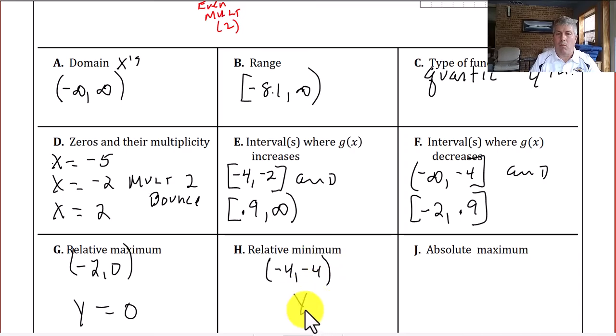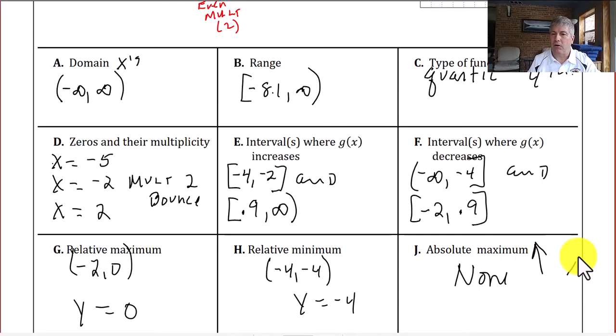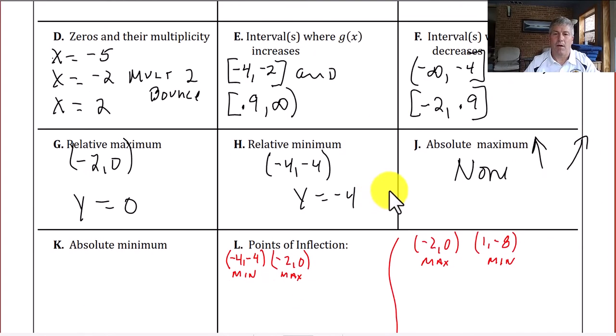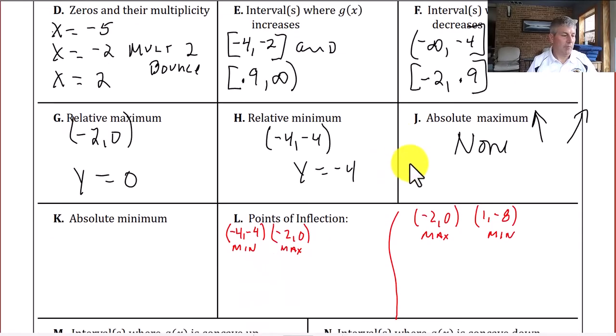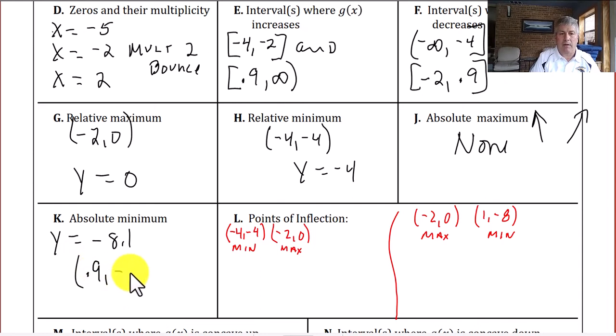So at y equals -4. And then we had an absolute maximum. Well, there isn't one. There is no absolute maximum because of our end behavior. These guys both go off to positive infinity. So there's no absolute maximum. There is an absolute minimum. That was at y equals -8.1. I think that was the ordered pair 0.9, -8.1.